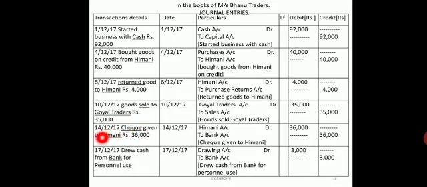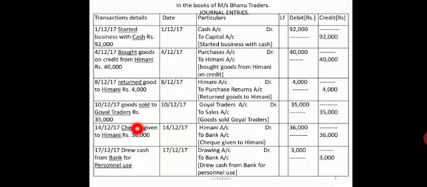So you are having two accounts. One is Himani's account, second one is bank account. Now classify both these accounts under which category they come. Himani, he is the creditor. So when we are paying him certain amount, that means my liability is reduced. So when liability is reduced, it will be debited.